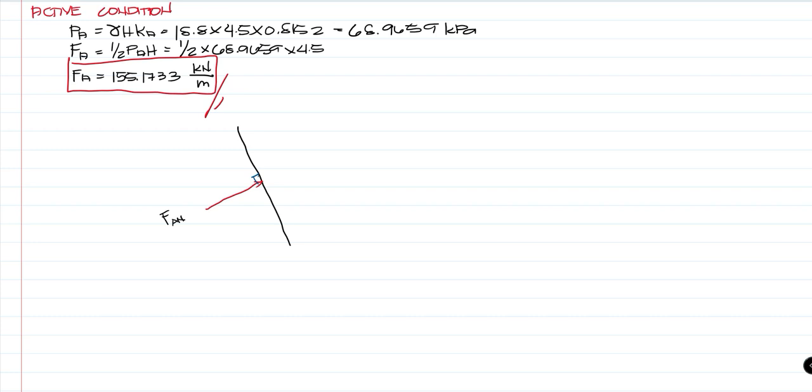Ngayon, since yung failure ng soil mo kapag active condition is pabagsak papunta dito, pasalo yung gagawin nung retaining wall. So, that means, meron kang force na papuntang paganito, and that is our active force. And the angle between the active force and the normal active force is a value 20 degrees, which is the angle of friction of the wall.